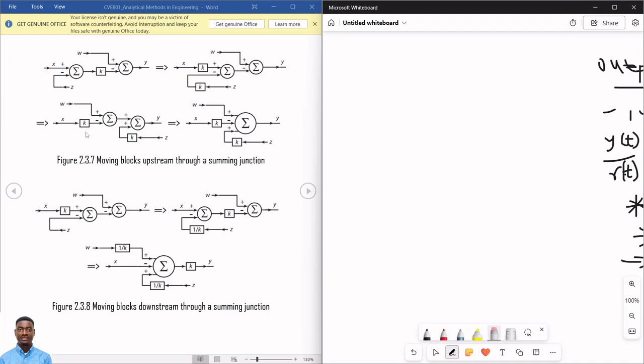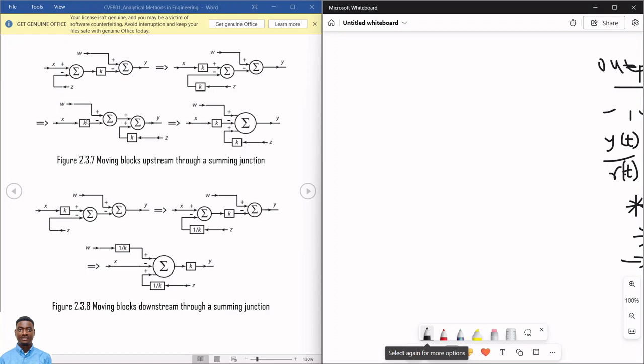So what is going to happen? How would that come to be? Let's first of all write the mathematical model that brought about this very block diagram. KX will be on this line, W will be on this line.